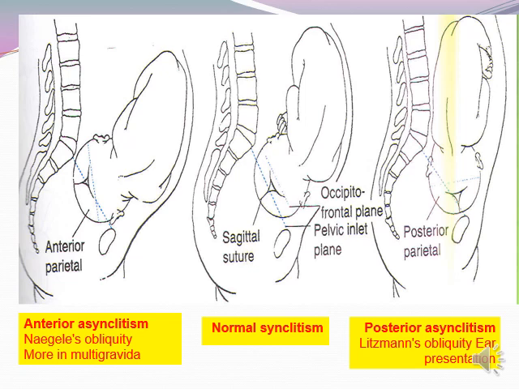On the opposite side, if you feel the posterior parietal bone as the first part encountered during vaginal exam, this means posterior parietal bone presentation or posterior asynclitism, and then the sagittal suture is directed toward the symphysis pubis.